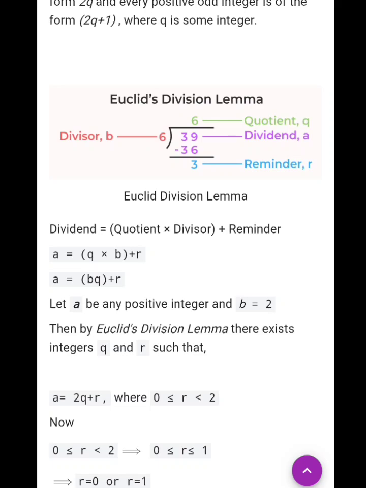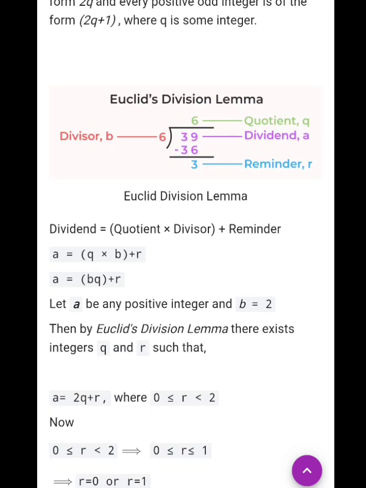So Euclid's division lemma says that if you divide any number a by another number b, you will get a quotient and a remainder. And these four terms are related as dividend is equal to quotient multiplied by divisor plus remainder.